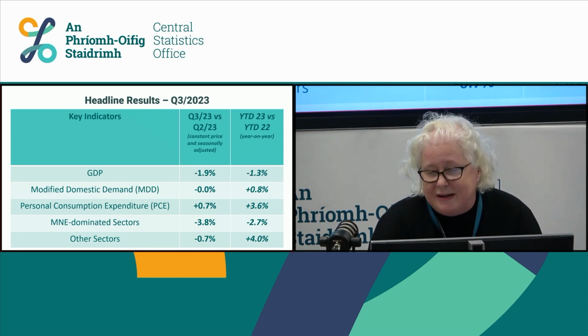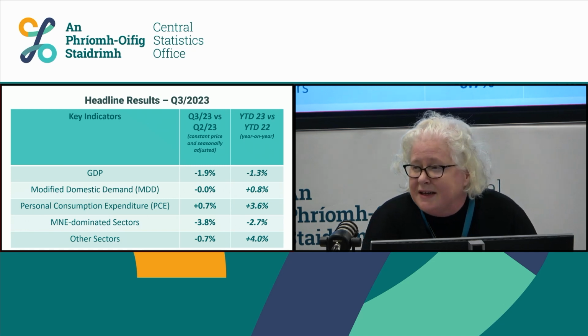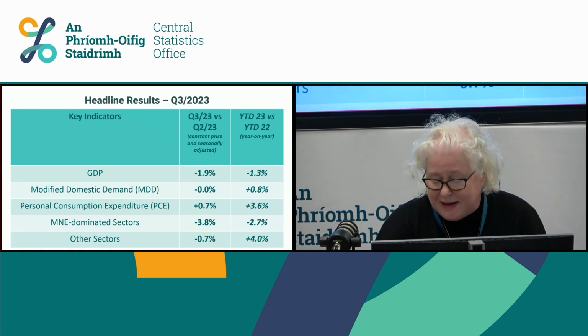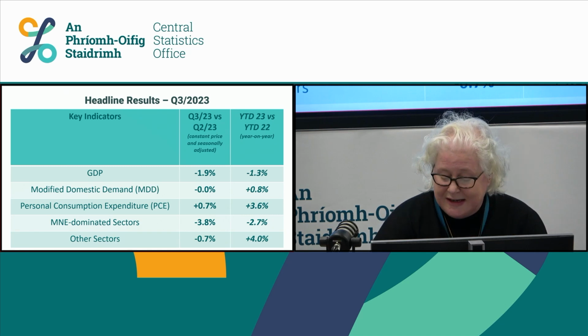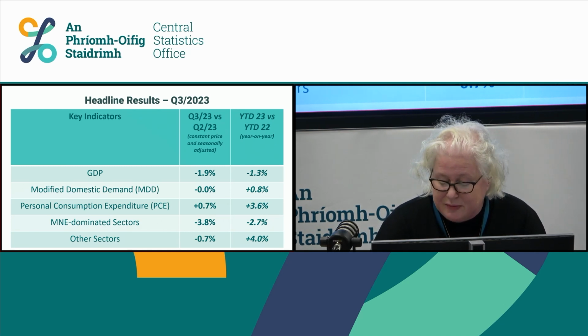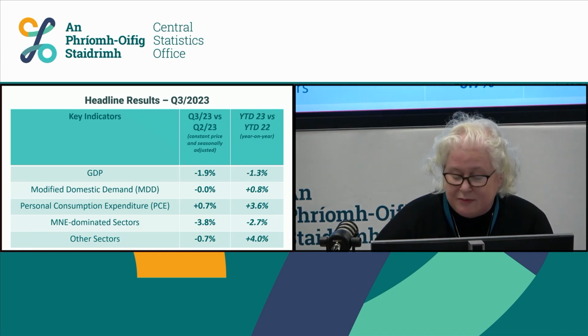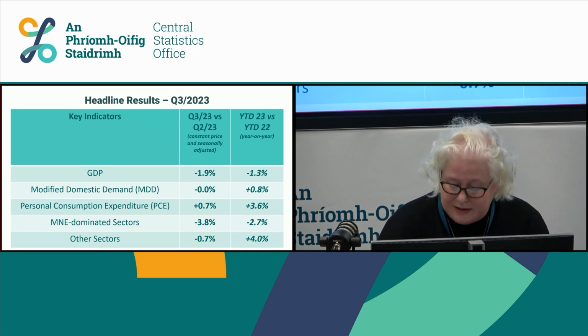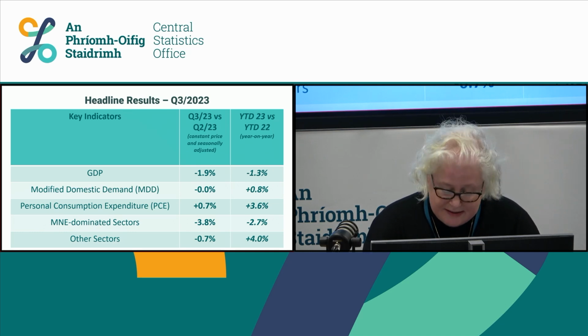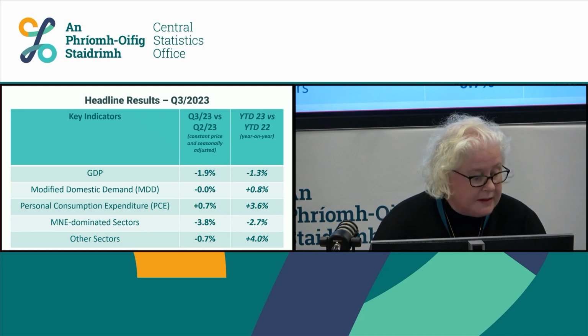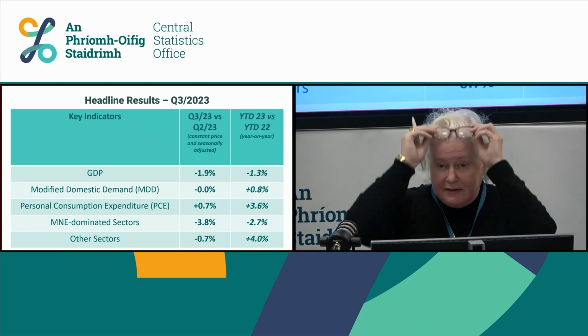So what we've had to spend to keep the volumes steady, to increase the volumes. So small increases, but obviously without taking out the price impact, you see those big current price jumps in consumption, both in the quarter and year on year. So worth noting that, but important obviously to look at the constant price estimates as well. Okay.